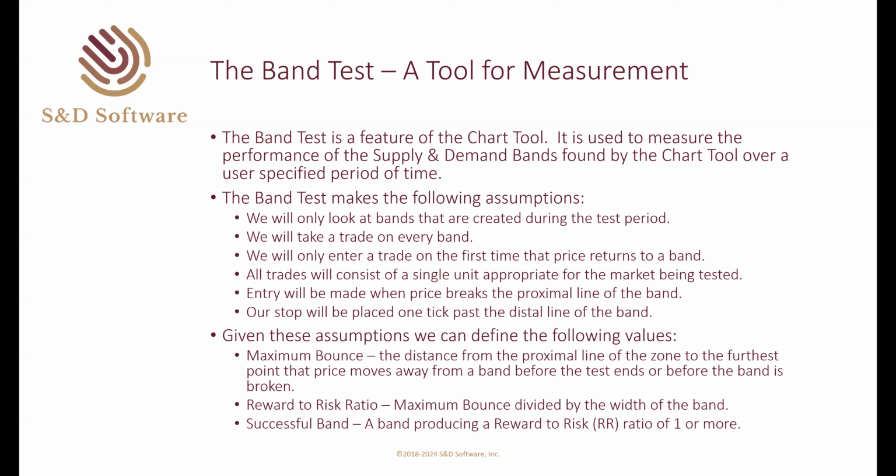We're going to assume that you're going to get out on the biggest bounce off of the zone, off of the supply or demand band. If you're trading the supply and demand methodology, we use the supply and demand bands to predict where price is going to change direction.